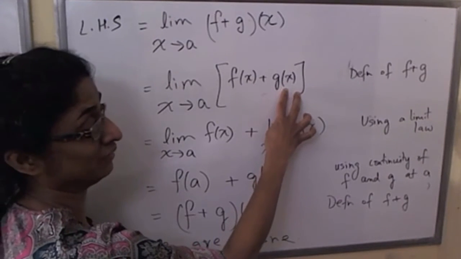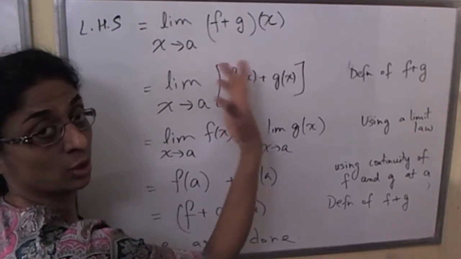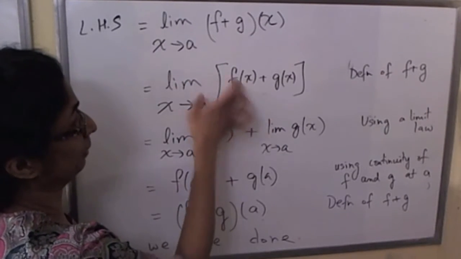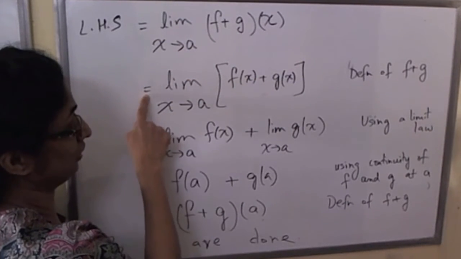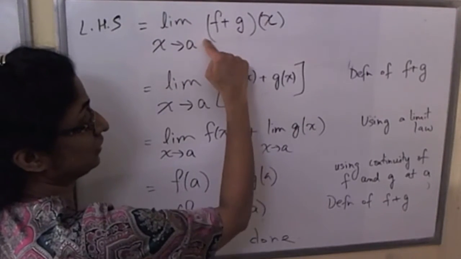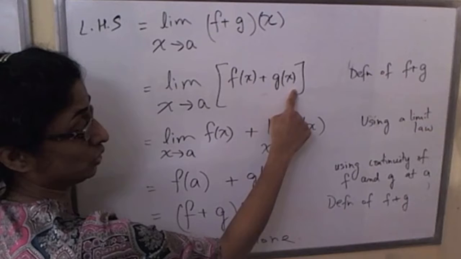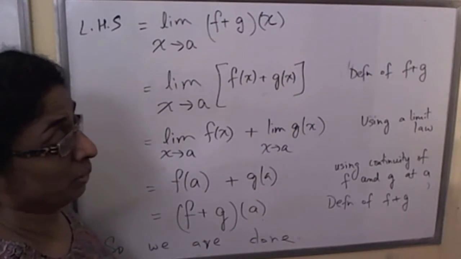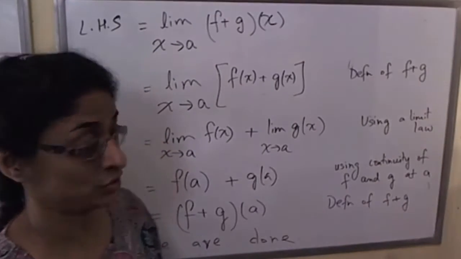That is, I'm using the definition of f plus g, how we created it. So from here, I go to the next step. I've kept everything the same. I use an equality sign. The only thing I have done is replace this with f of x plus g of x, because this expression is exactly the same as this expression by the definition of f plus g.